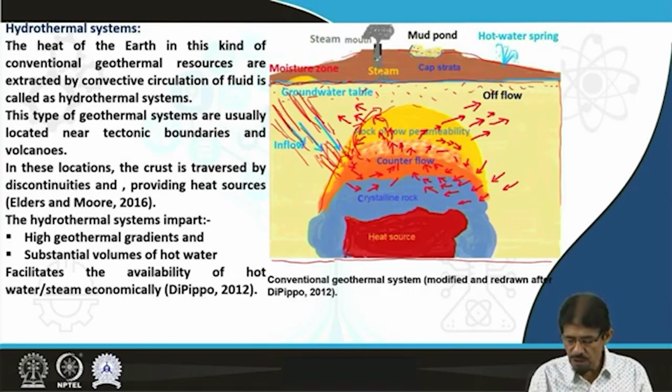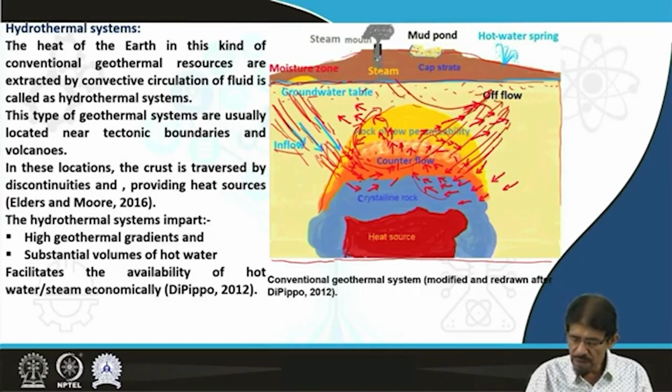This heated inflow water after interaction moves toward the outflow direction, and this distribution of the heated water is recovered from the extraction hole. Sometimes naturally it comes in the form of a geyser.